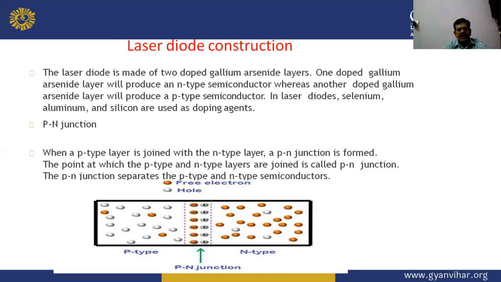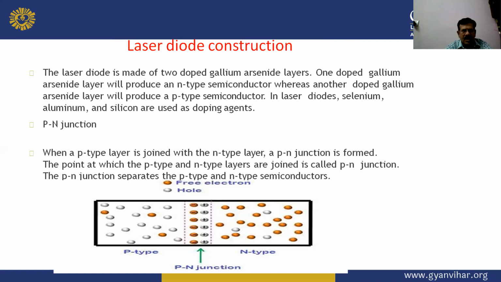What is the laser diode construction? In construction, the laser diode is made of two doped gallium arsenide layers. One doped gallium arsenide layer produces an N-type semiconductor, whereas the other produces a P-type semiconductor.